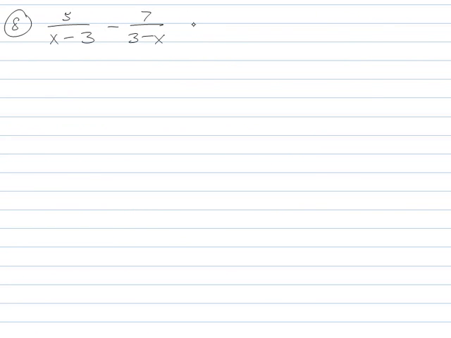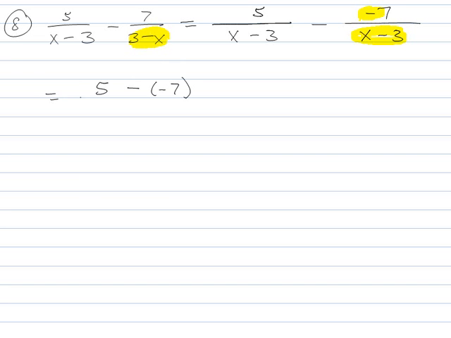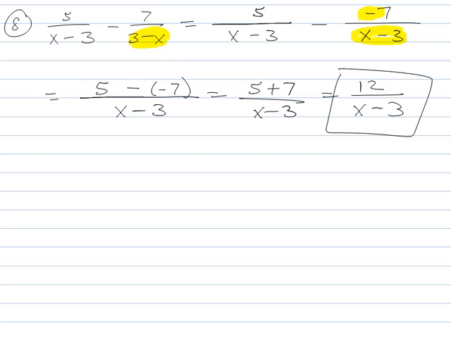And the trick was that if the factors are the same on the bottom, to make them both x minus 3, if I have 3 minus x, I can just change the sign on the top. 3 minus x can go to x minus 3 if I change that to a negative 7. And about the only difference here is I have 5 minus a negative 7 over x plus 3, so 5 plus 7, so 12. And we're good to go there.